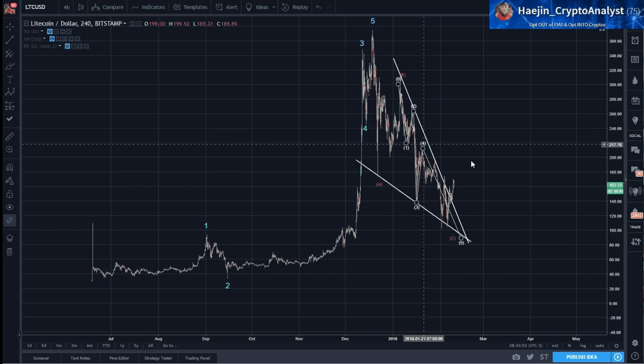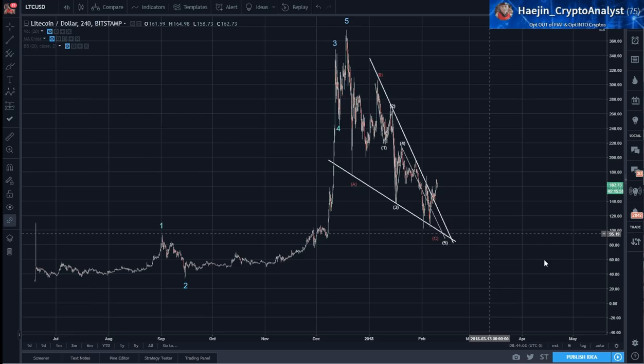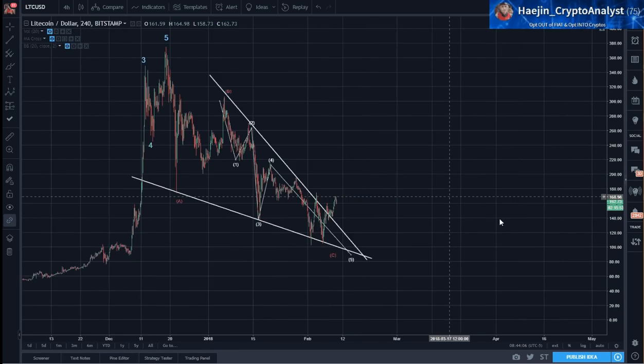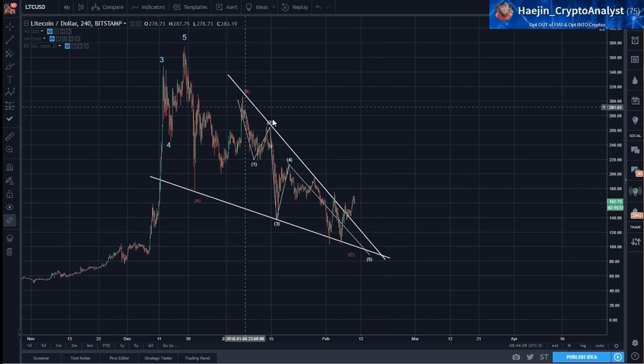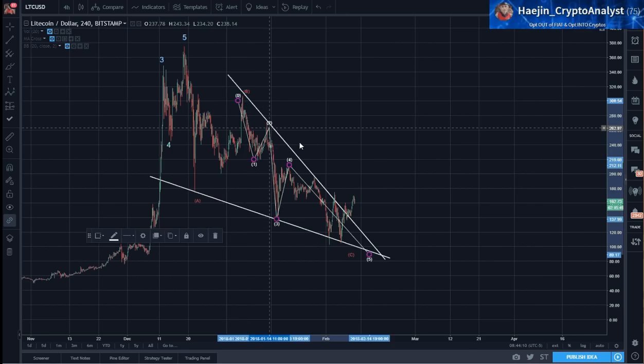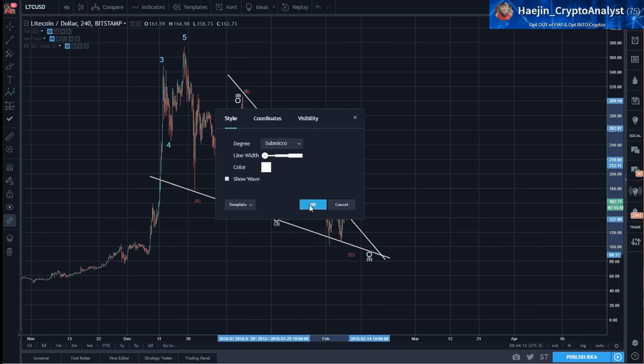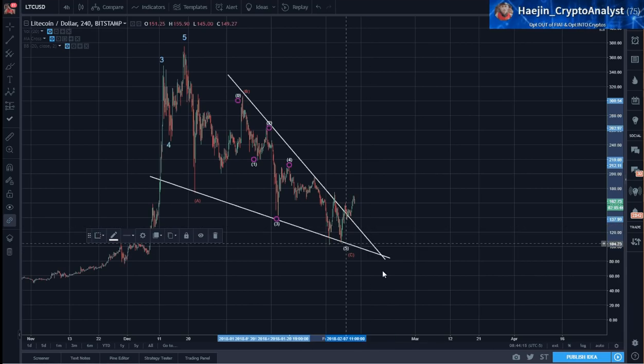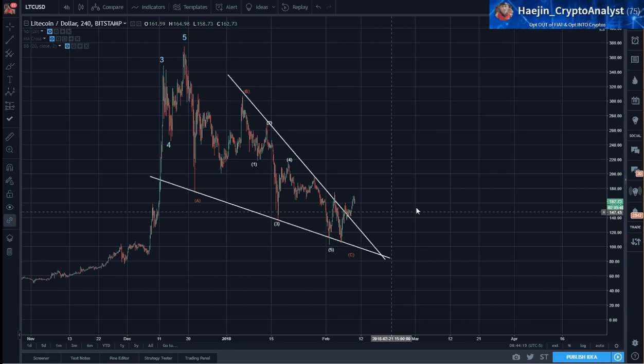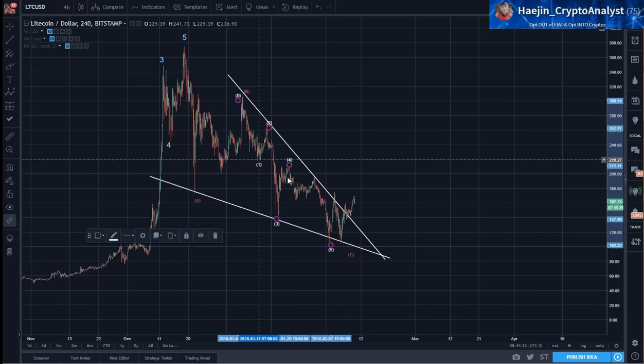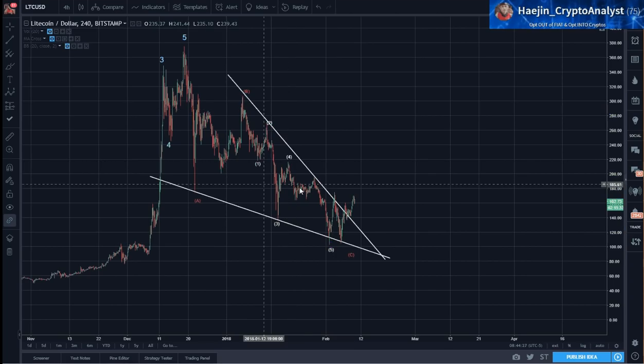And that ABC has done likely a zigzag, ABC zigzag. And we counted the subwaves of the final wave of C. So we had 1, 2, 3, 4, 5.